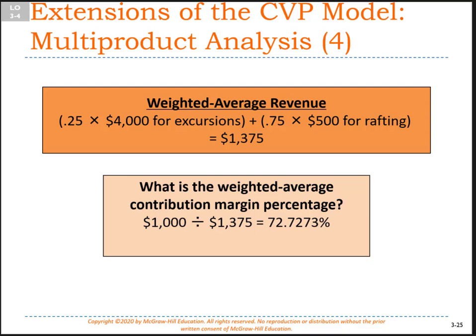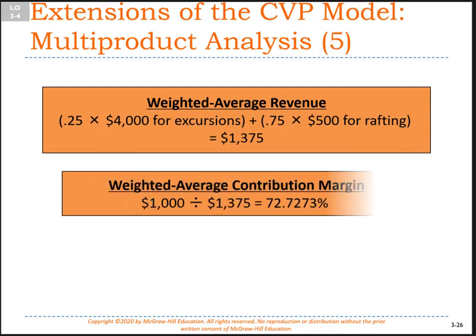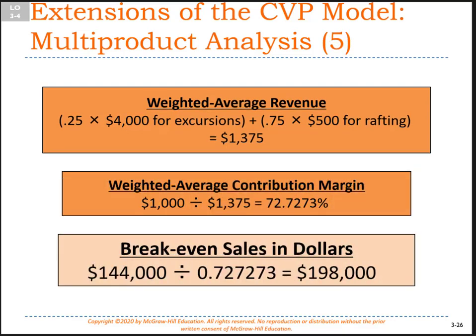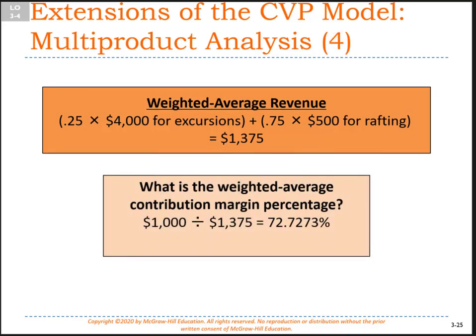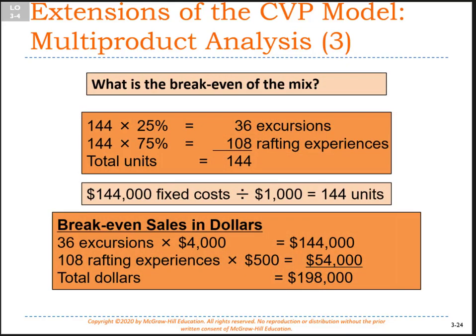So what are we going to do with that? We're going to figure out our break-even sales in dollars, 144,000 divided by 0.727273, 198,000. If you keep all your decimals, it'll probably be exactly what you got when you multiplied back here. Okay, 198,000.